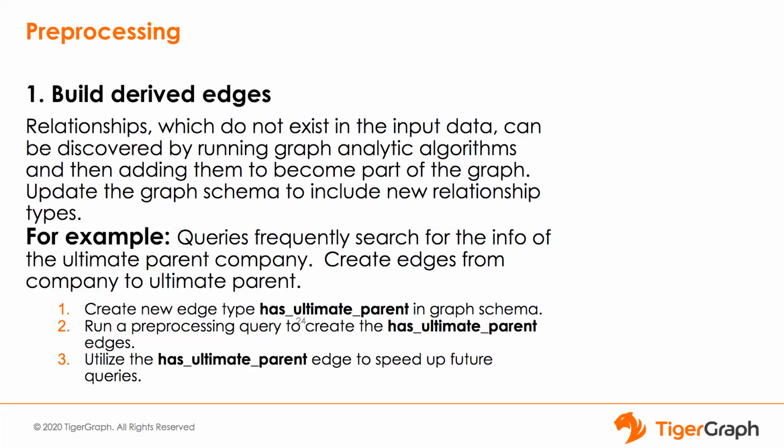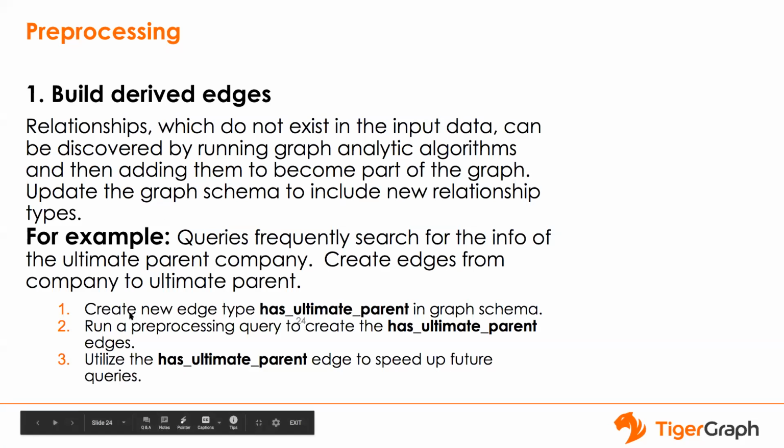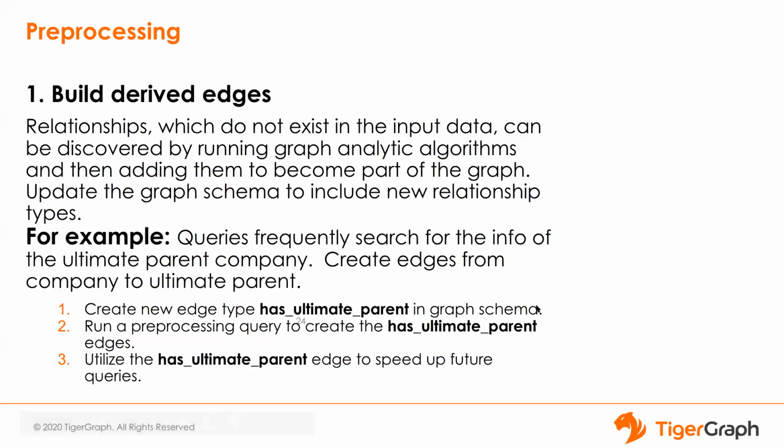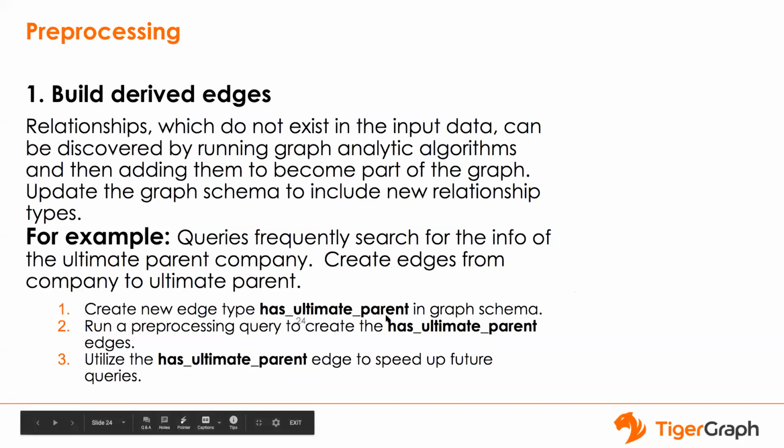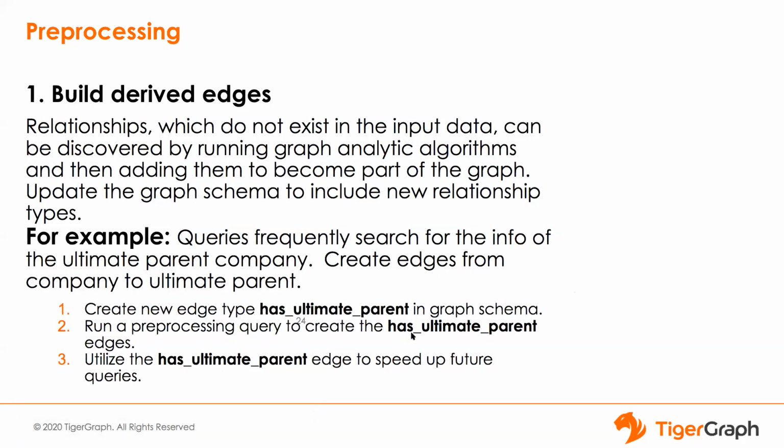Then why don't we just create an edge for the ultimate parent company? Then you follow these steps. We create a new edge type called has_ultimate_parent_company in the schema. You can change the schema from Graph Studio, or you can run a schema change job. If you search for schema change job, you can find it in the documentation. And then once this new edge is created, we can run the preprocessing query to create this type of edge.